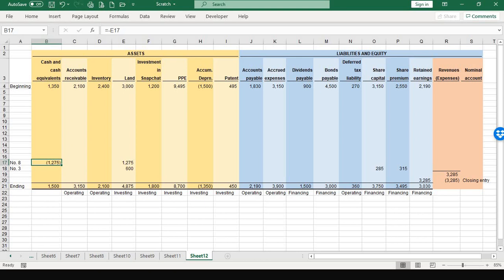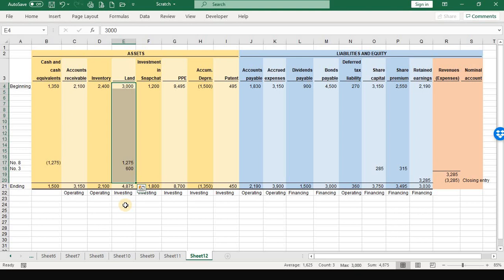Let us now check whether the land, based on the given data, will have an ending balance of 4,875. So beginning plus 1,275 and 600, the sum is 4,875, which is also the ending balance as of the year 2020. So now we are complete as to the land.